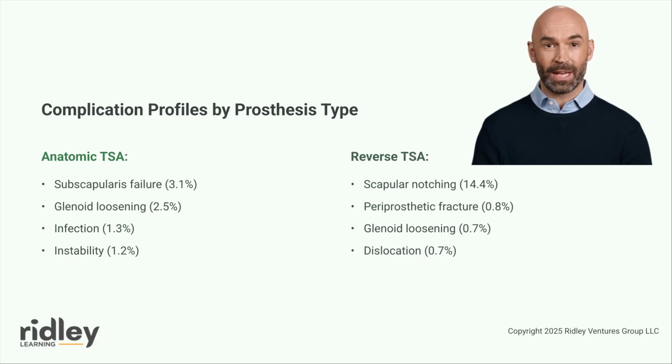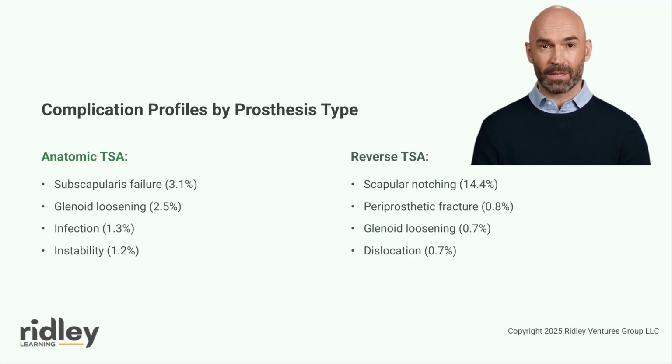The most common complications following anatomic arthroplasty are rotator cuff tear or subscapularis failure at 3.1%, aseptic glenoid loosening at 2.5%, infection at 1.3%, and instability at 1.2%.